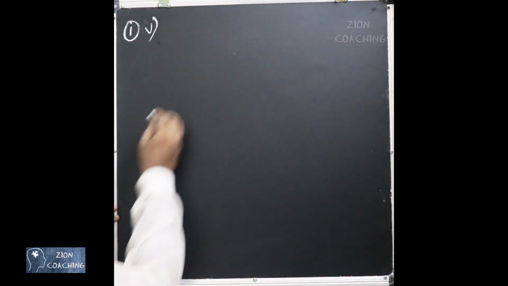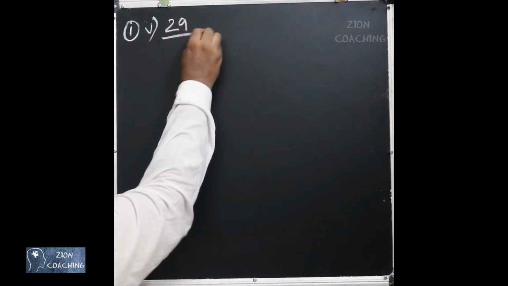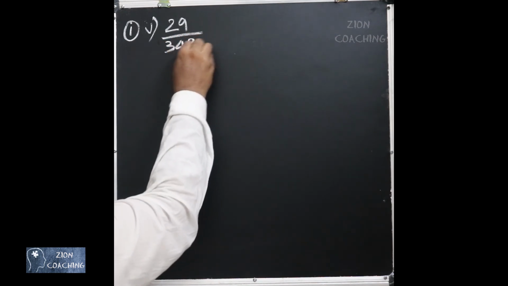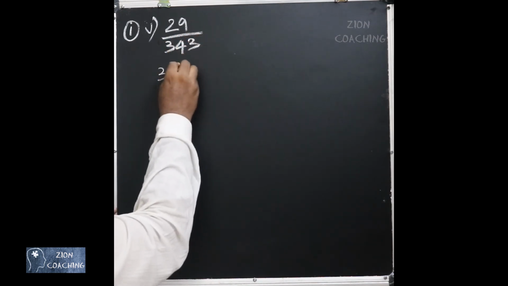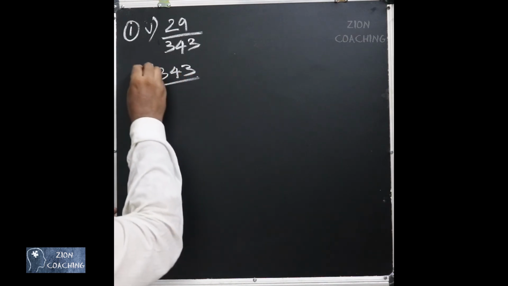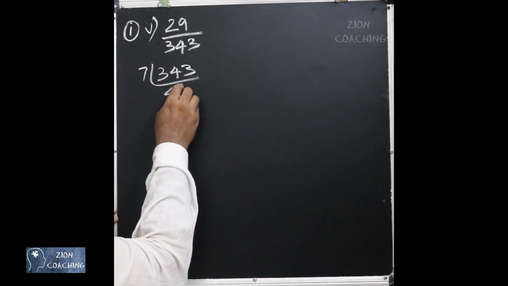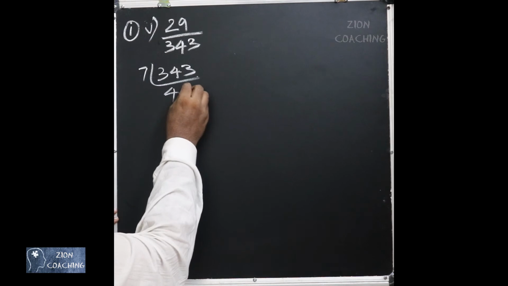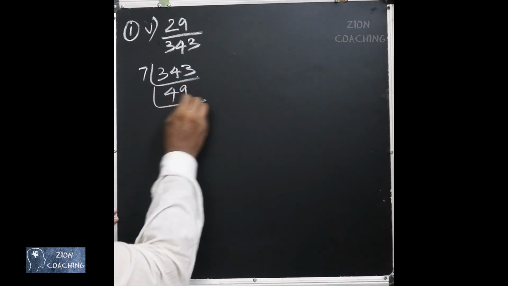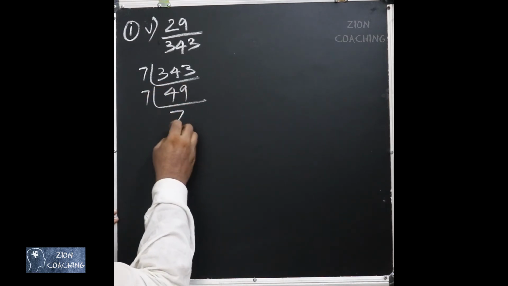The given number is 29 divided by 343. We are going to prime factorize the denominator. Now dividing by 7, we have 4 7s are 28, then 63, 9 7s are 63. Again dividing by 7 we get 7.